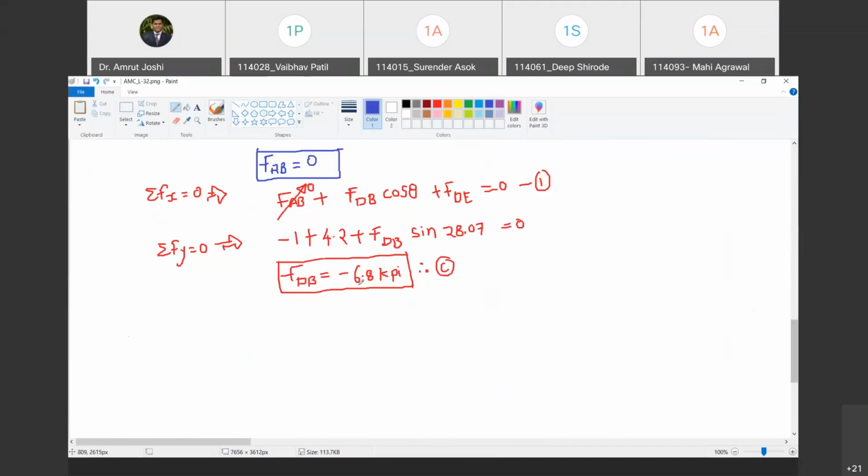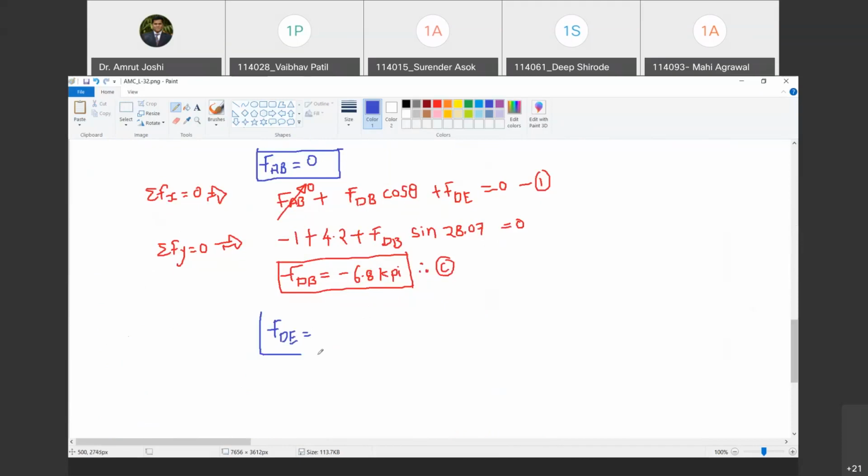Now if I substitute this value here, so what do I get? This FDB will be minus 6.8 cos of 28.07. On the right hand side it will go and become positive. So what is the value of FDE? FDE, therefore, you are going to get as plus 6.8 into cos of 28.07.